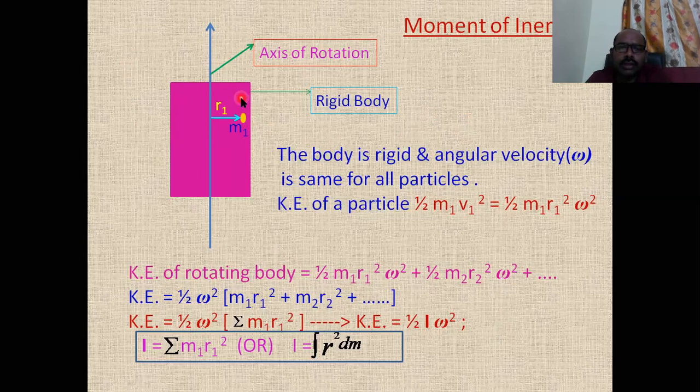Before that, it is a rigid body, a particle is identified, and another one is the axis of rotation. Since the body is rigid, the distance between all particles is fixed.